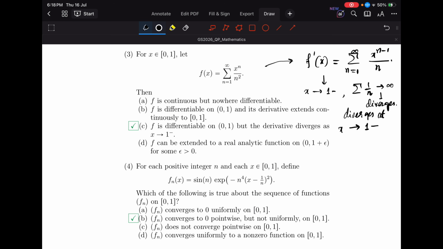But f prime of x is defined when x is strictly inside 0 and 1, right?